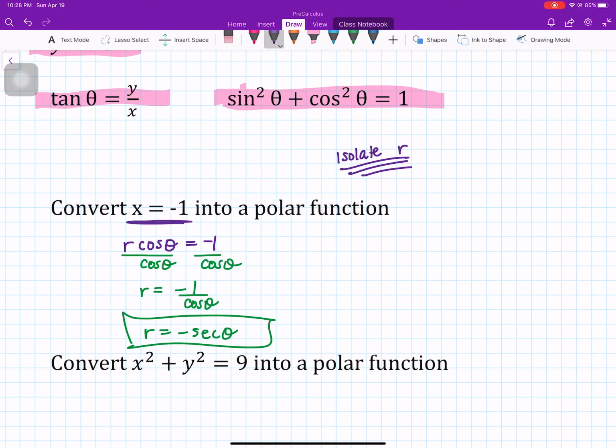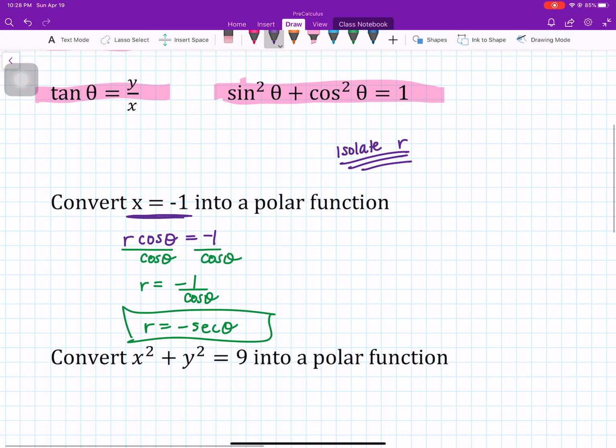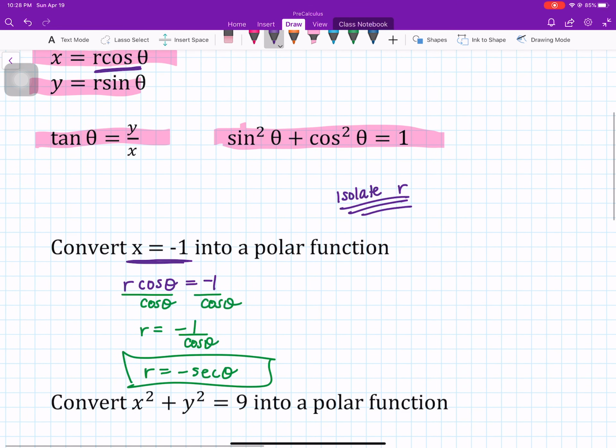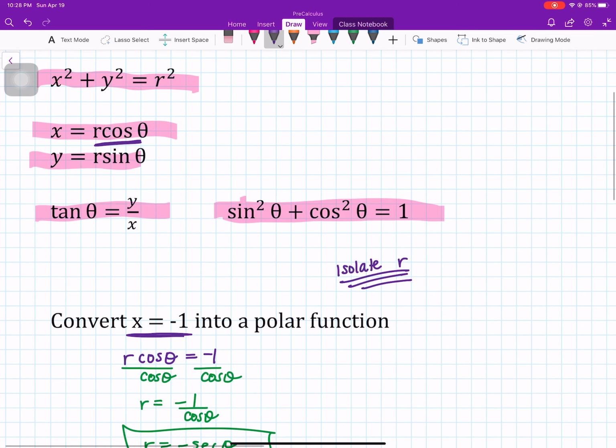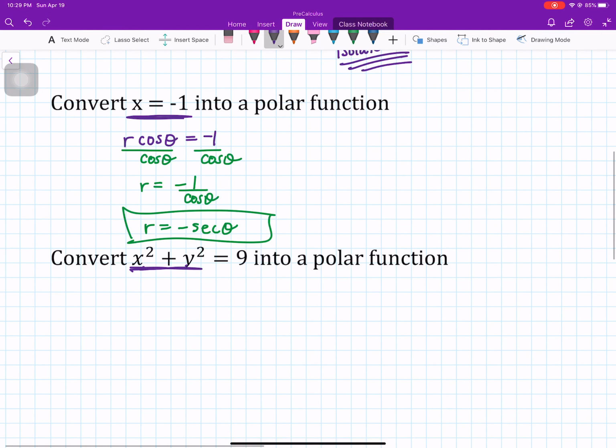Now let's do the next one. Convert x squared plus y squared equals 9 into a polar function. Now, you could plug in r cosine theta and r sine theta for x and y, and you would eventually get the same answer. But we want to operate on efficiency here. So x squared plus y squared is r squared.